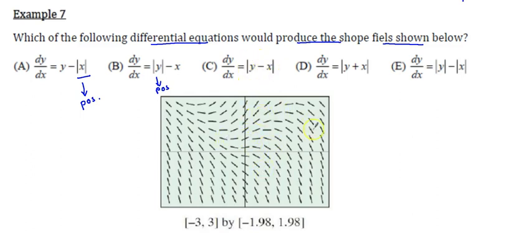You can see that all these slopes are negative, right? So never this. Same answer here, always positive, which is not true because you can see that all these slopes are negative.